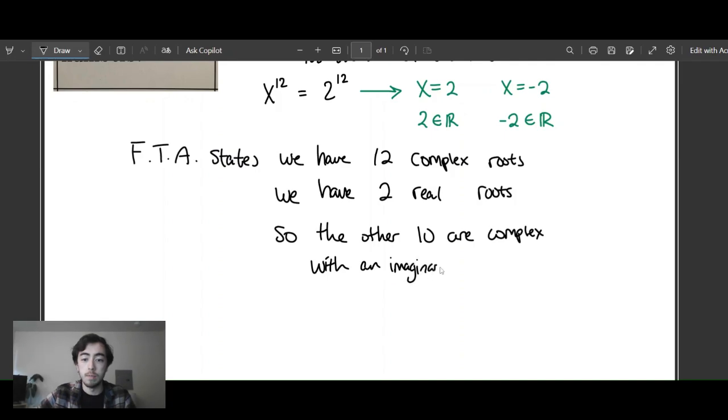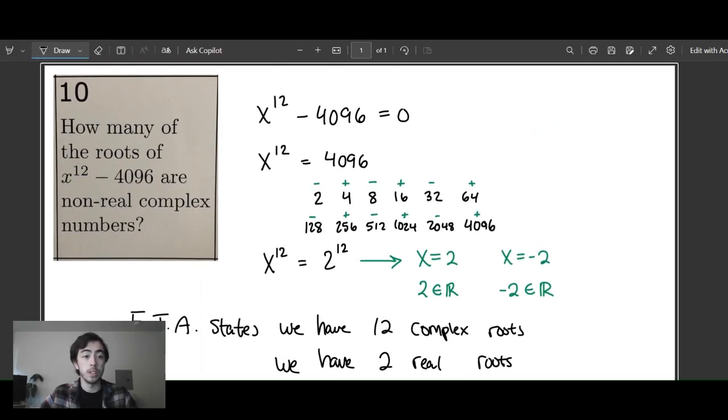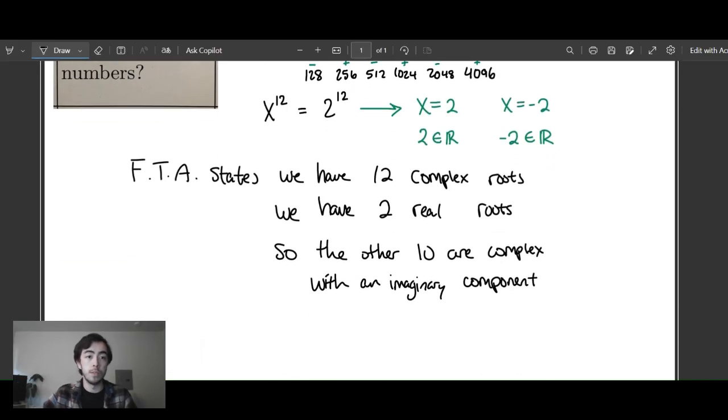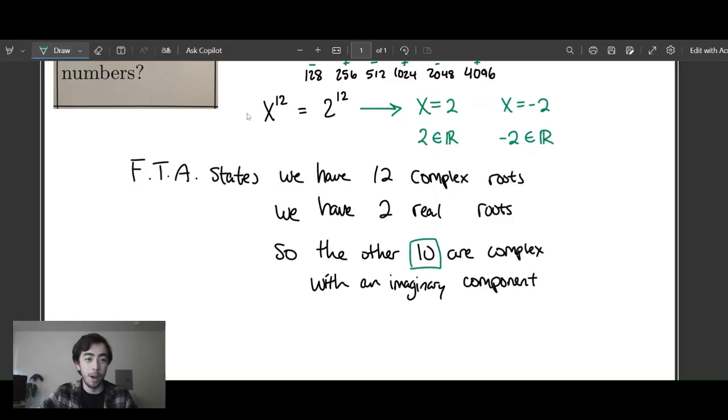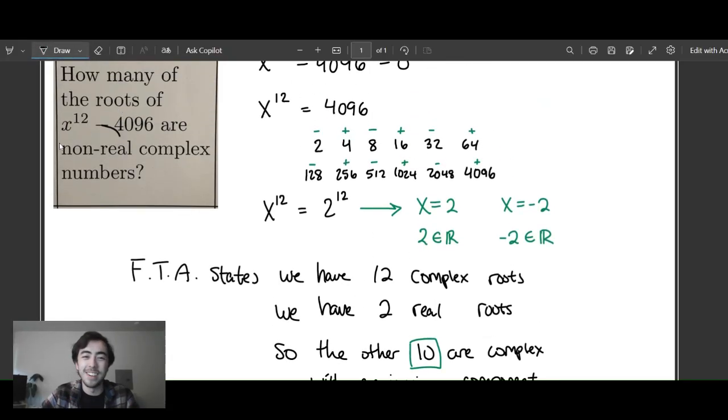And that's it. We don't have to actually figure out what those 10 roots are to answer this question. By finding the 2 real roots and showing that there's no more, and by knowing that there's 12 total, I can say with complete certainty that 10 are going to be complex numbers, and they're going to be, oh, okay. Earlier, I was like, oh, why does it say non-real?